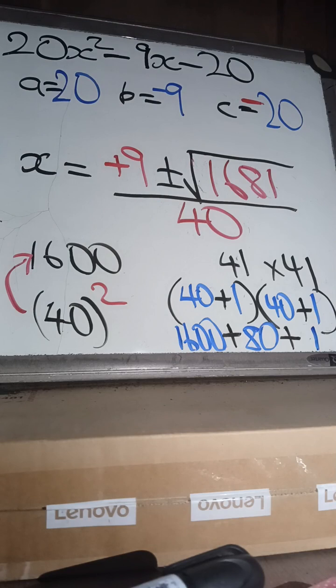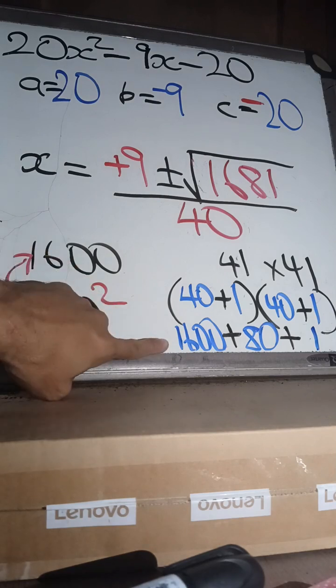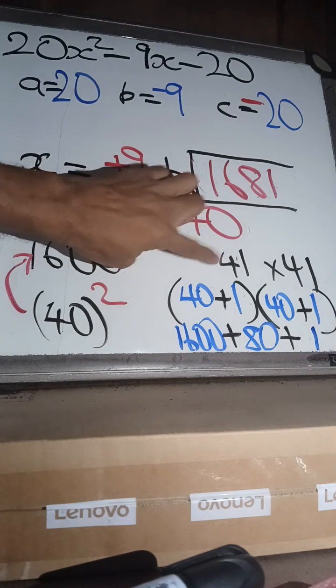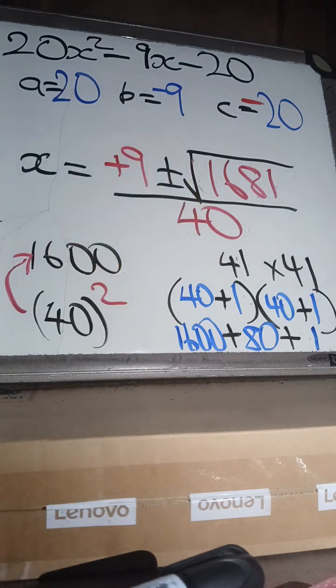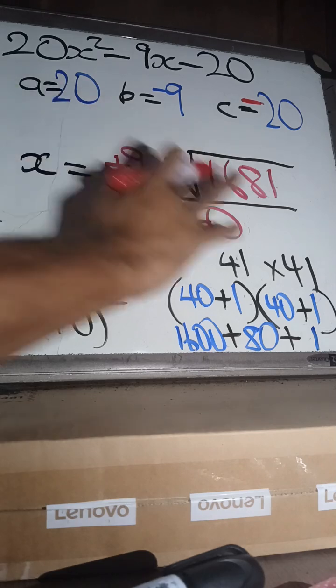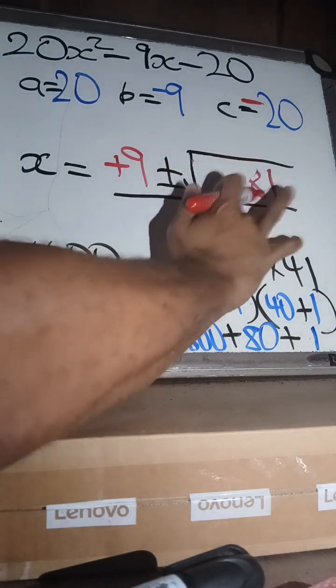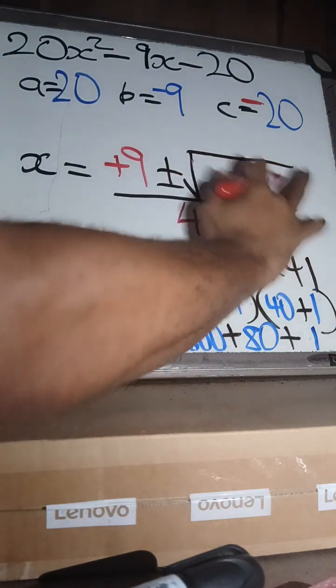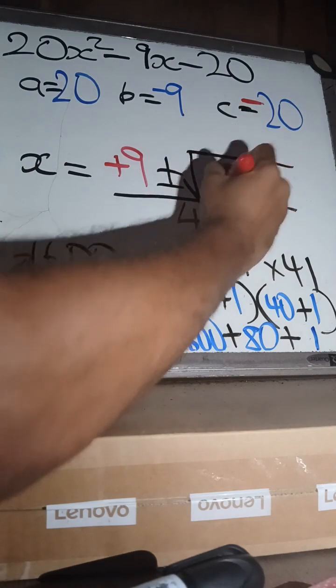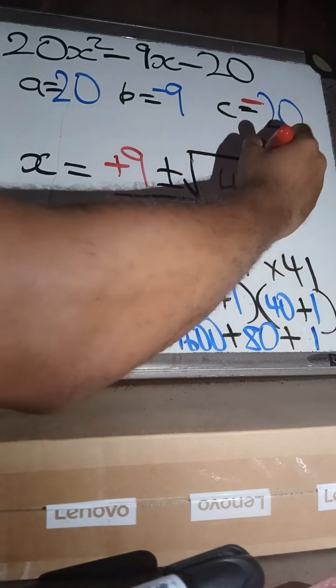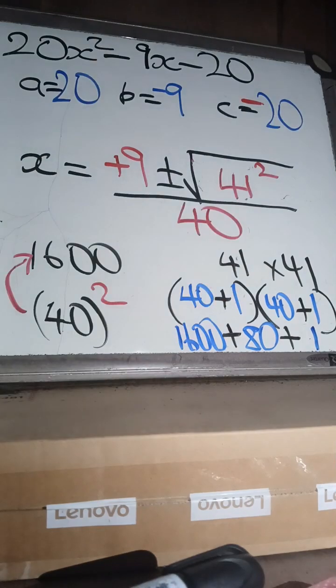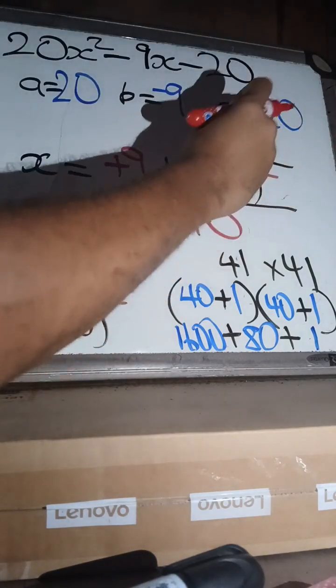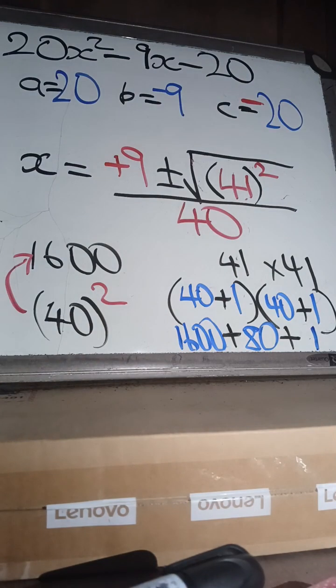Therefore, if we square root 1681, we're going to end up with this number, 41. Therefore, I can replace that with this.